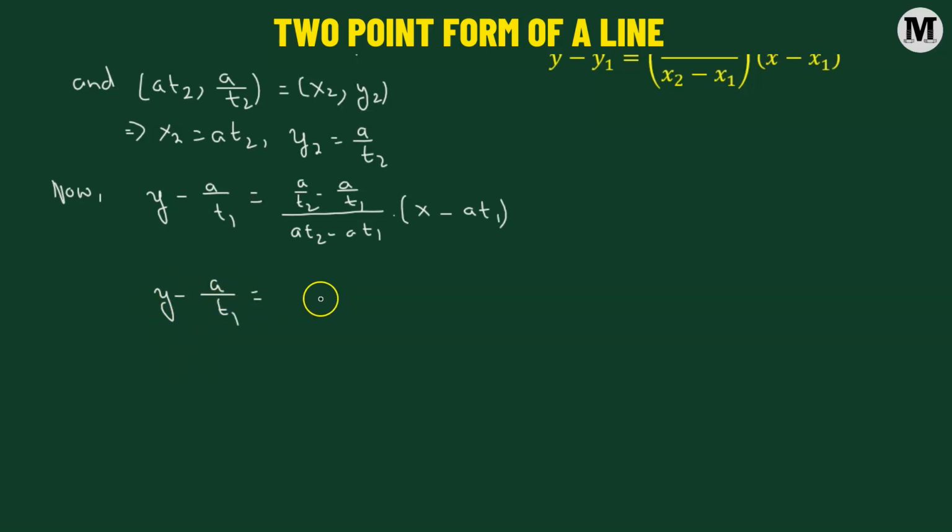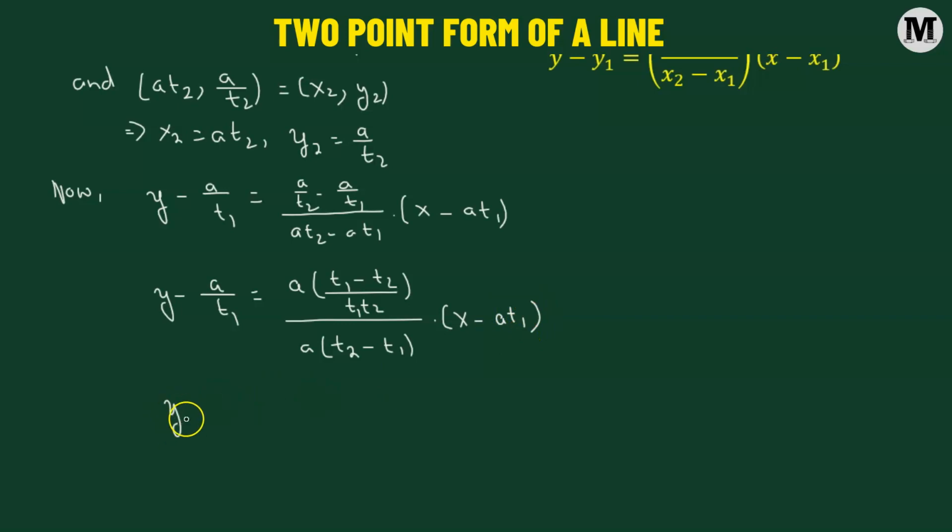This will be equal to, so we'll take a as the common factor. This gets multiplied by t1 minus t2 divided by t1 times t2, whole divided by, we'll factor out a, so we'll have a times t2 minus t1. That will be multiplied by x minus a t1.